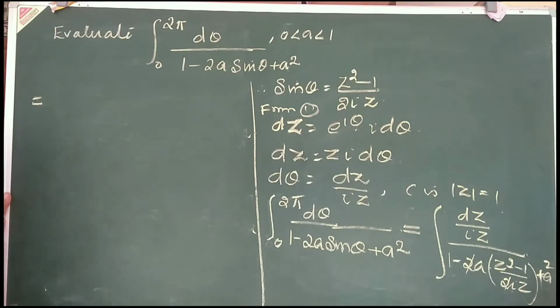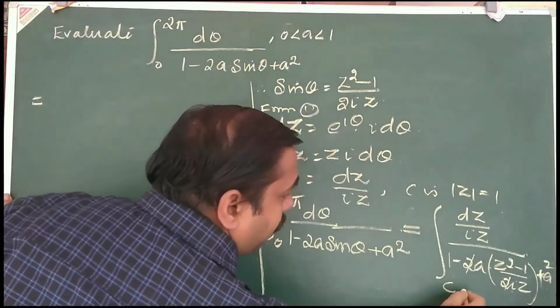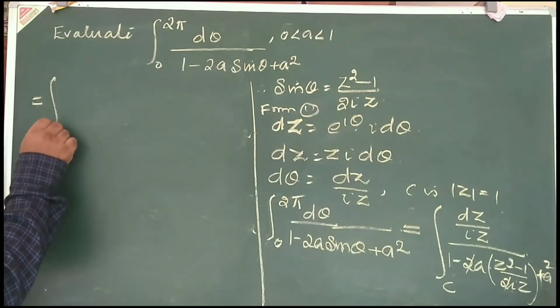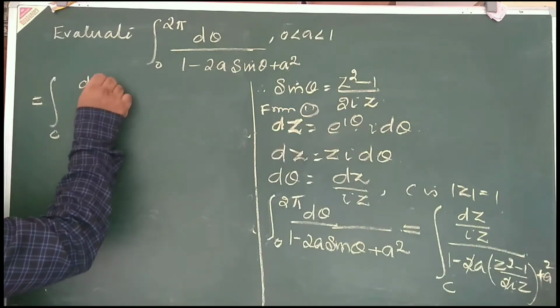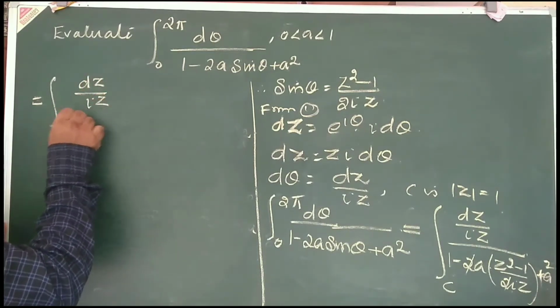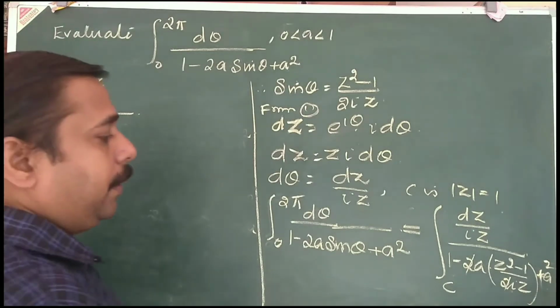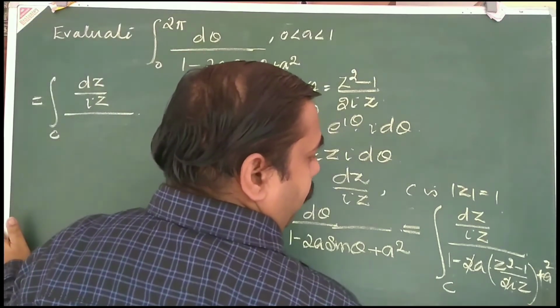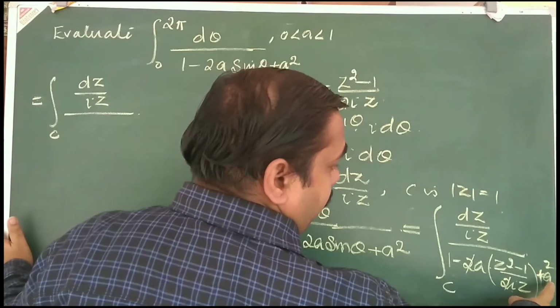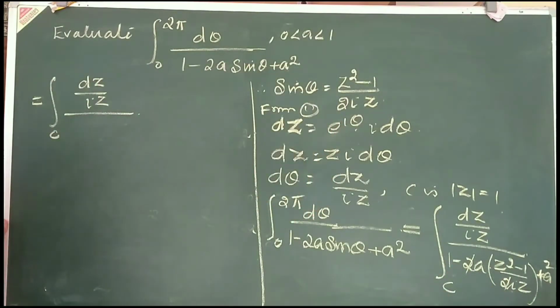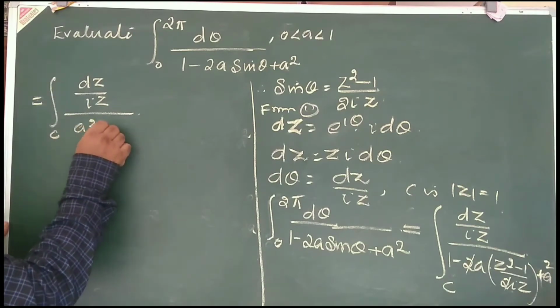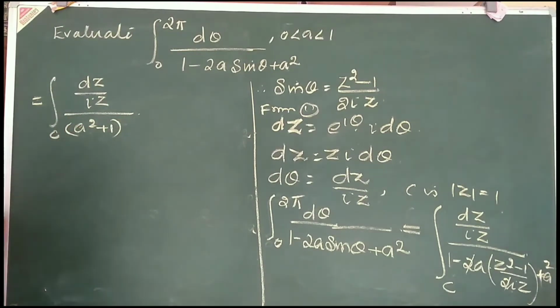So this is equal to what? So here, integral over c, that is important. That is integral over c dz by I z whole divided by, taking LCM. This is a constant, so a square plus 1.